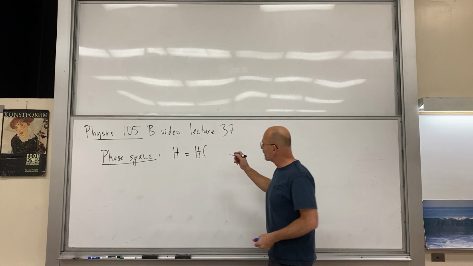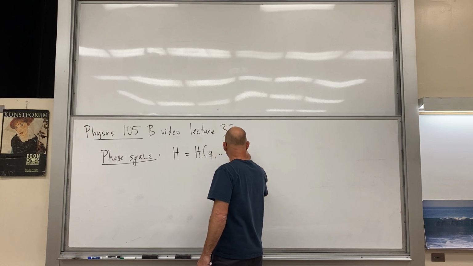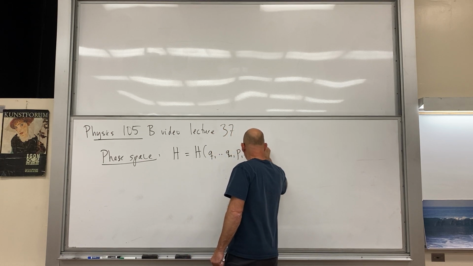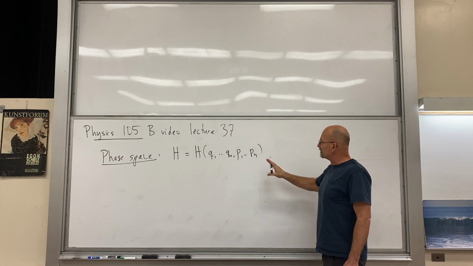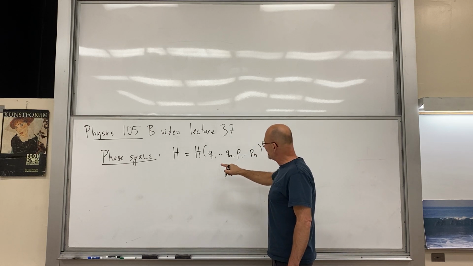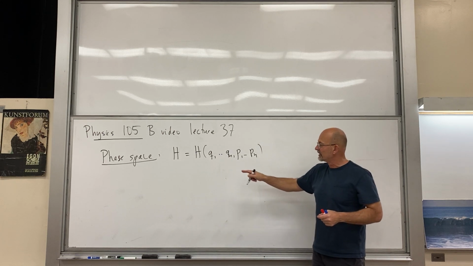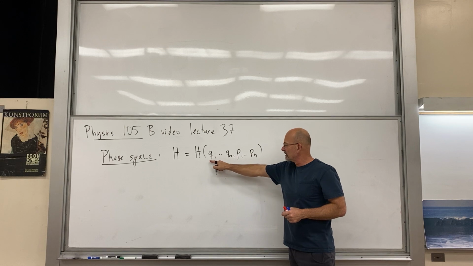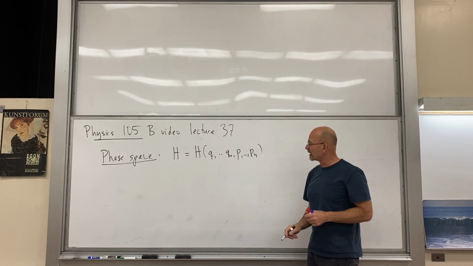Finally, we have the Hamiltonian. Q1 to Qn, P1 to Pn. And the phase space is a 2n-dimensional space of these n coordinates and these n momenta. They're all treated as dynamical variables.